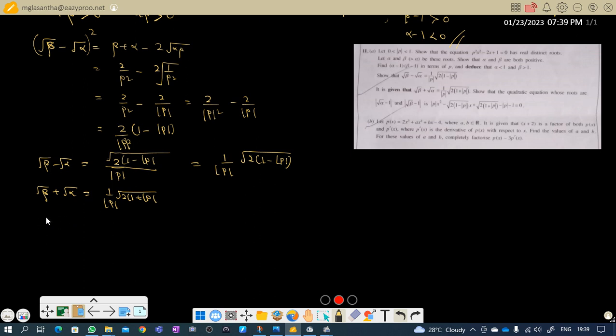so you have to find the quadratic equation whose roots are square root alpha minus 1 modulus and square root beta minus 1 modulus. So you have to find the quadratic equation whose roots are these two values, right?